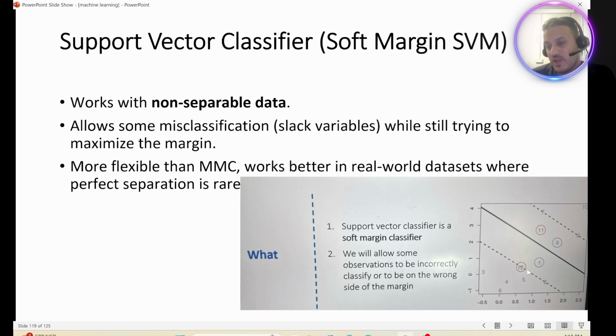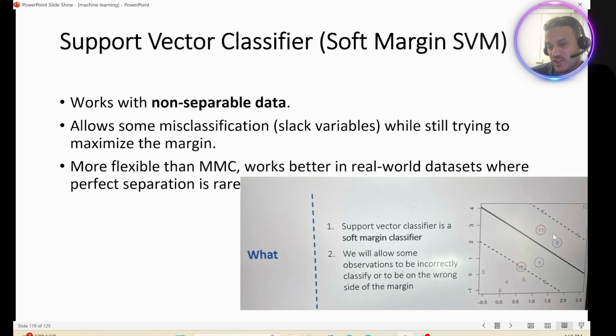So if you see, we have this one. This is supposed to be classified in class number 2, the red one, and the blue one is class number 1. So this is supposed to be classified as the red one, class number 2, but this one is given the class blue, the model predicted this one to be blue.